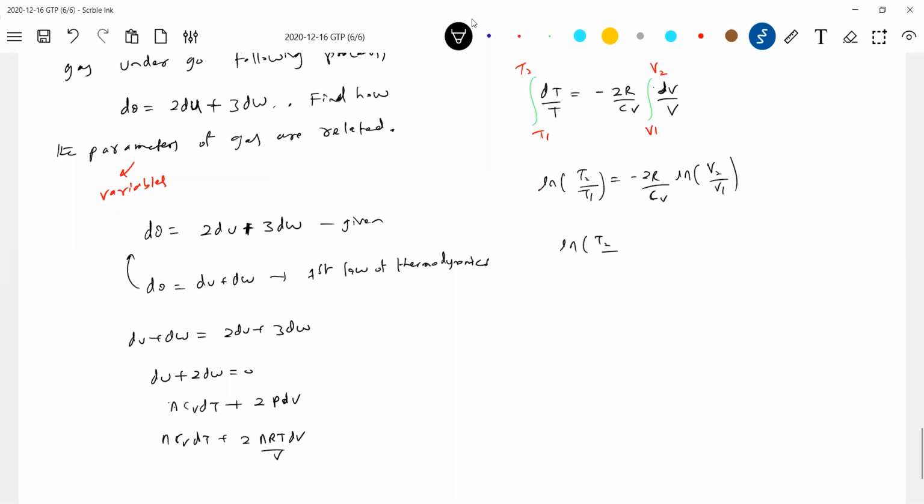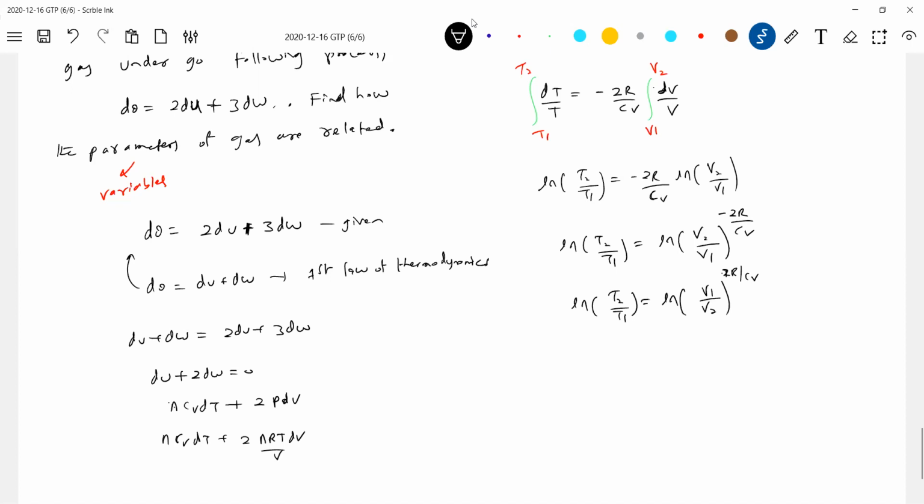So log of T2 by T1 equals minus 2R by Cv times log of V2 by V1.